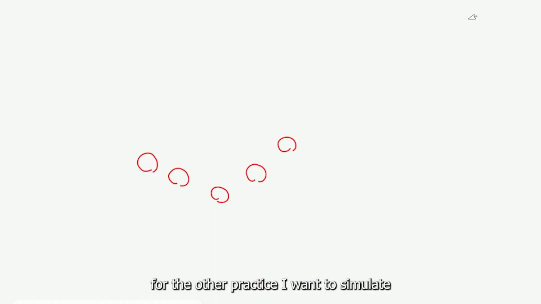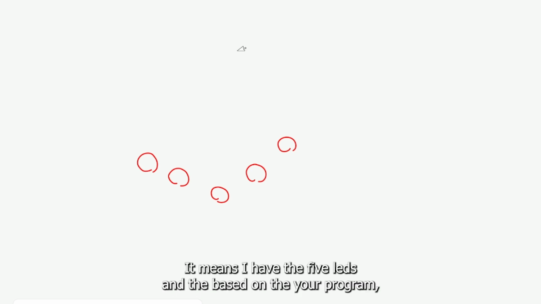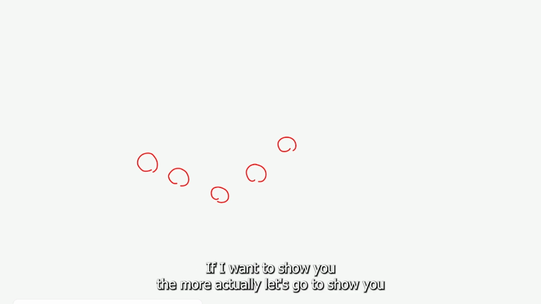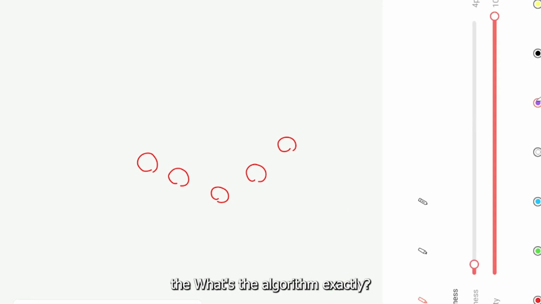Okay, for the next practice, I want to simulate the smile of a robot. I have 5 LEDs, and based on your program, I want to make an algorithm that creates the smile of the robot. Let me show you the algorithm exactly.